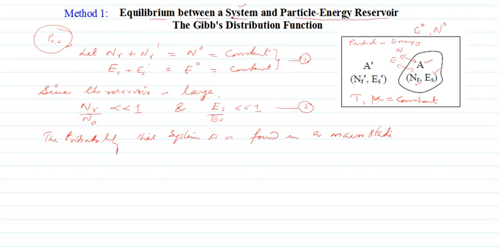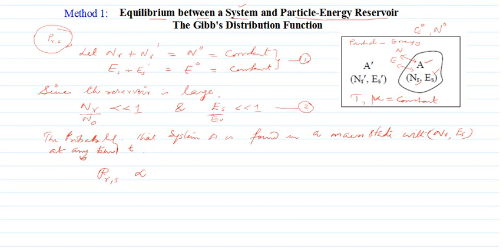So in a macro state with NR number of particles and ES value of energy, which we have denoted in the figure here as NR, ES at any instant t. As per our previous discussion in the case of the canonical ensemble system, this probability will be directly proportional to the number of microstates of the reservoir corresponding to its macro state NR star, ES star.